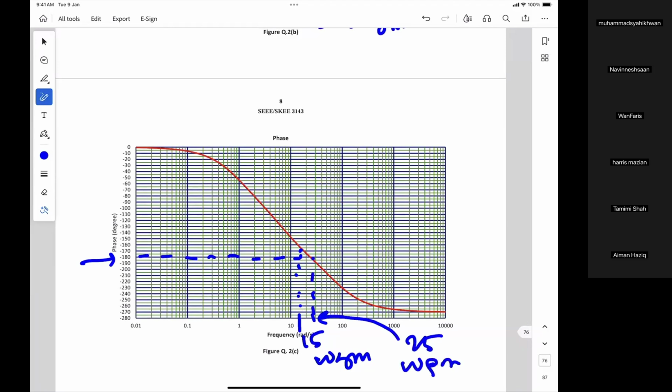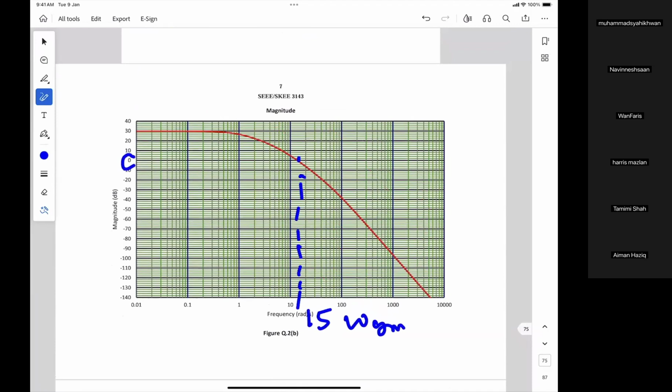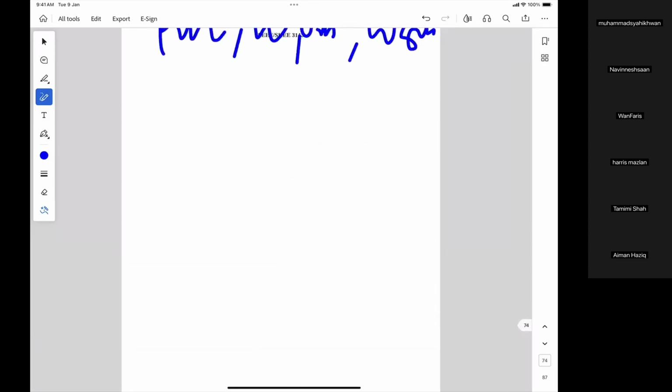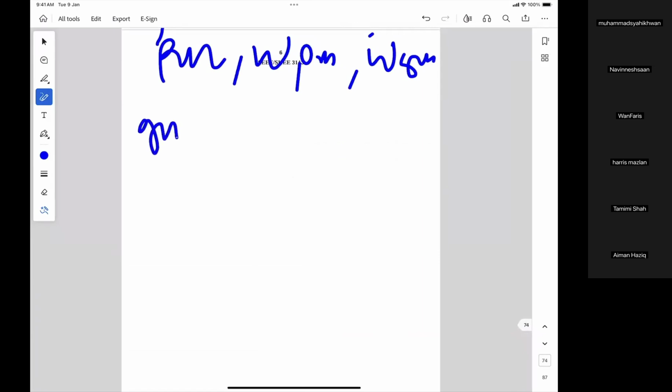Omega phase margin 25. Quick, what is the gain margin of it?